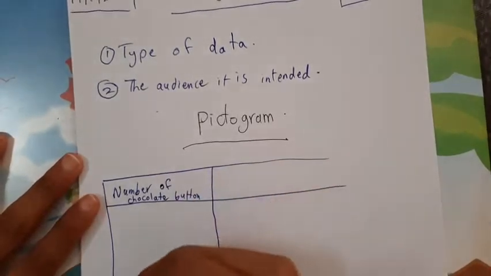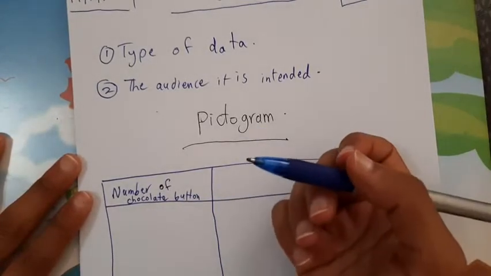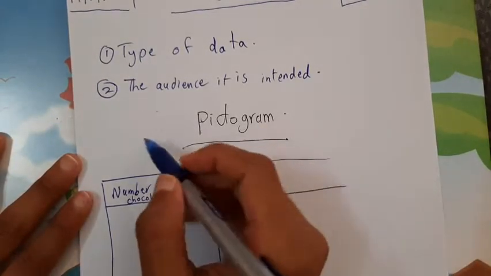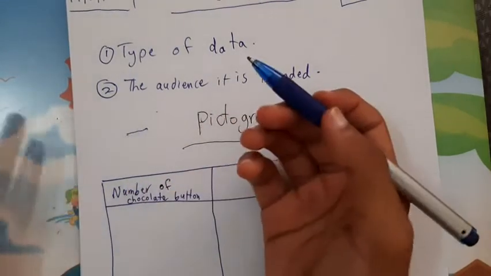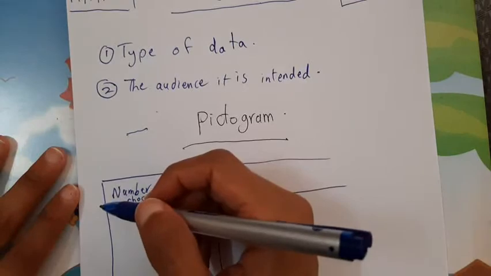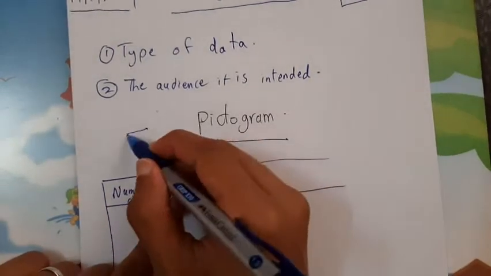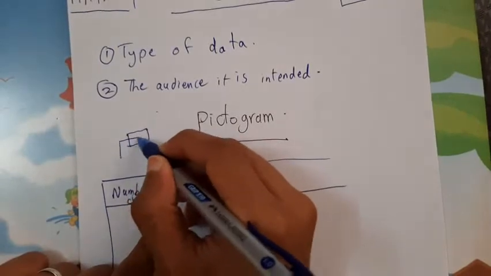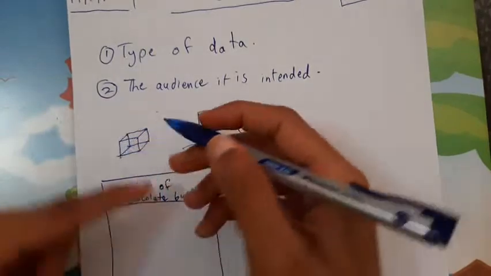As you remember, yesterday we talked about an example where a manufacturer claims that he has 36 chocolate buttons in each packet. He's producing chocolate buttons and he has packets.